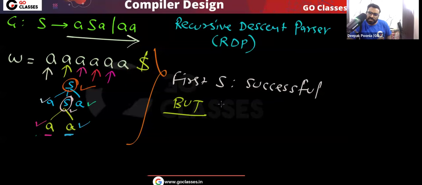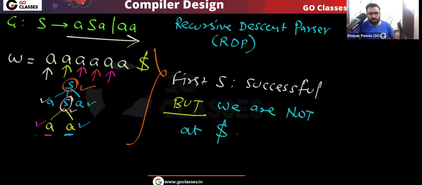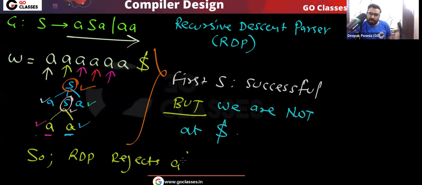So the first S is saying I am successful, but we are not at dollar. So that is the reason. What it simply means is that the recursive descent parser will reject a power 6.